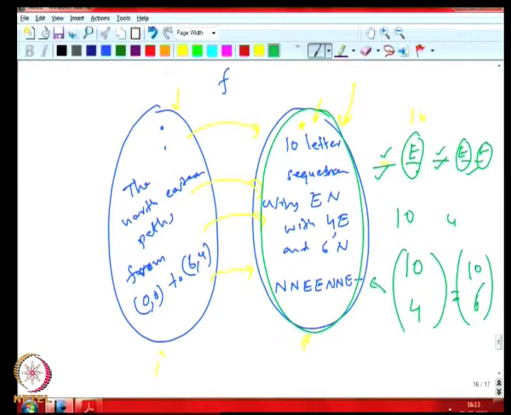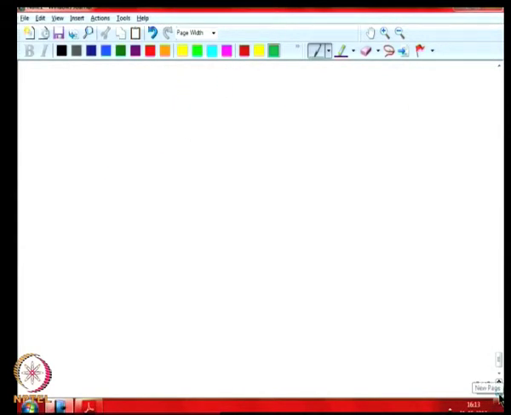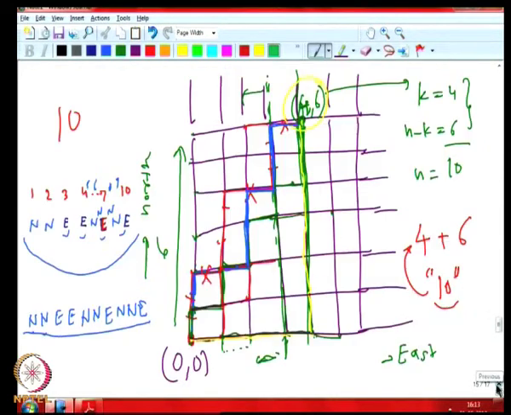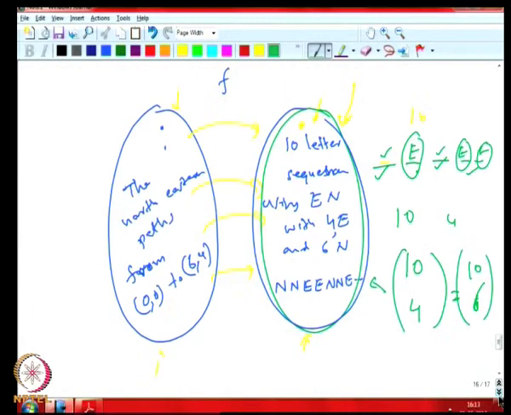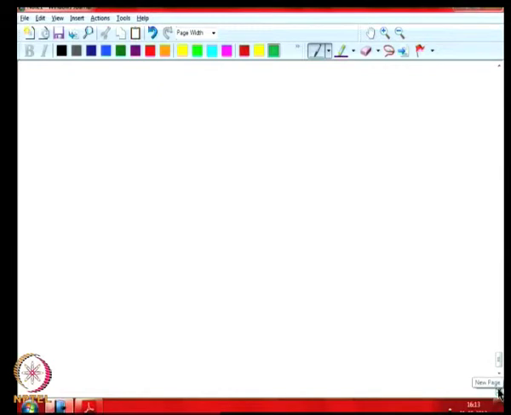We will soon see that these are going to be the same. Suppose for a general problem, I want to go from 0, 0 to k, n minus k, right.